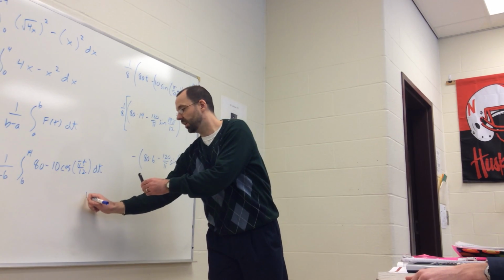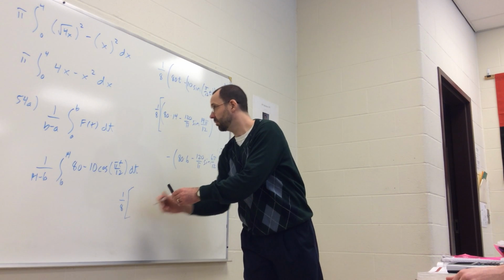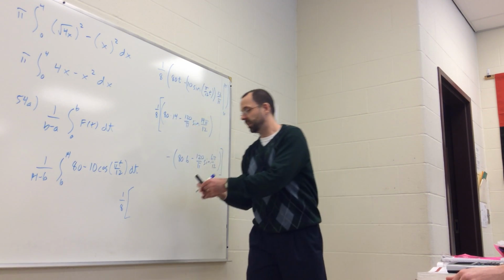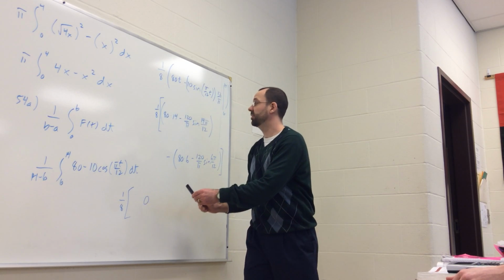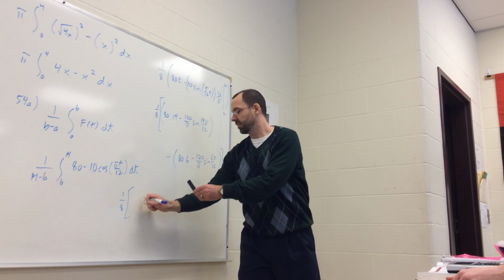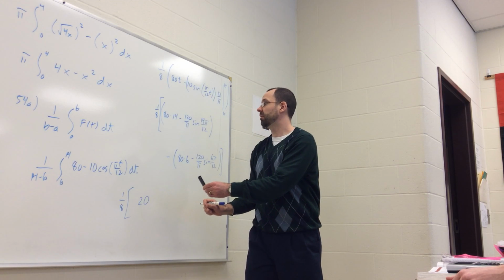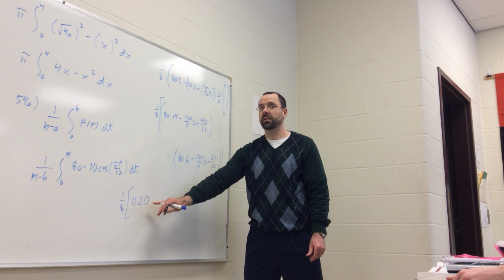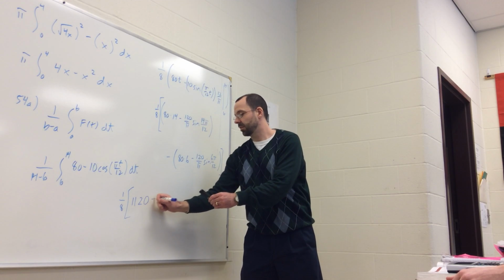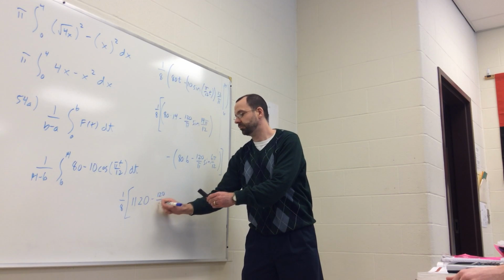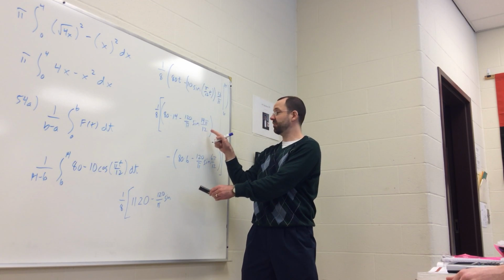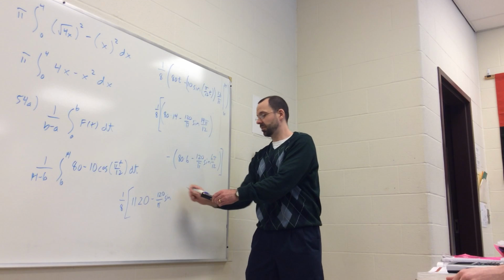Okay, so that's 1/8 times 80 times 14. I asked you to do it without a calculator, so I guess I will. I think that's right. So this will reduce to 7 pi over 6.